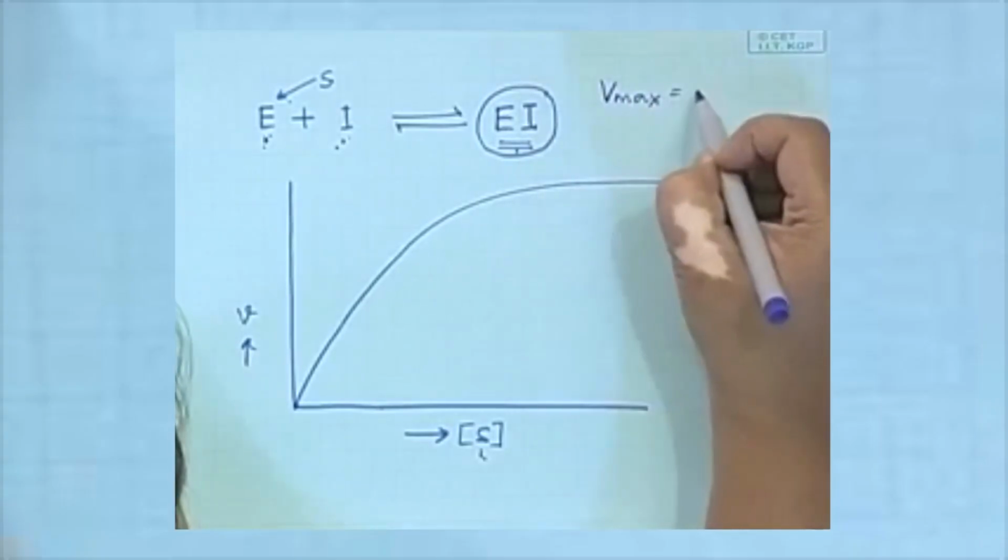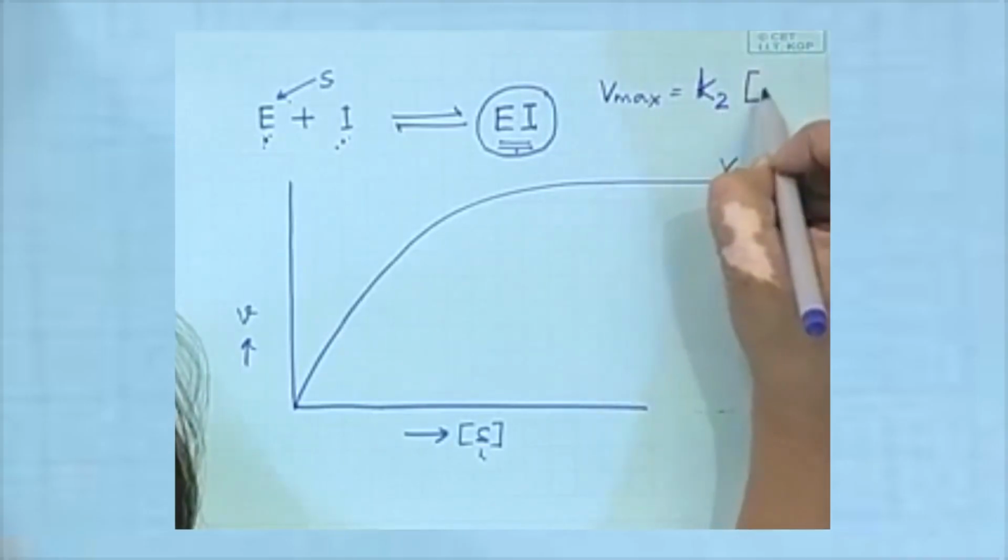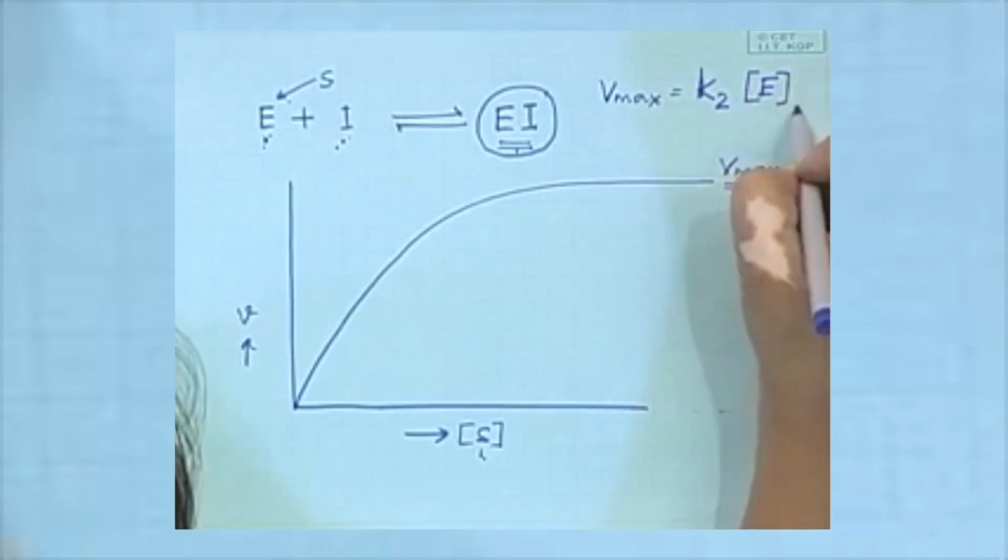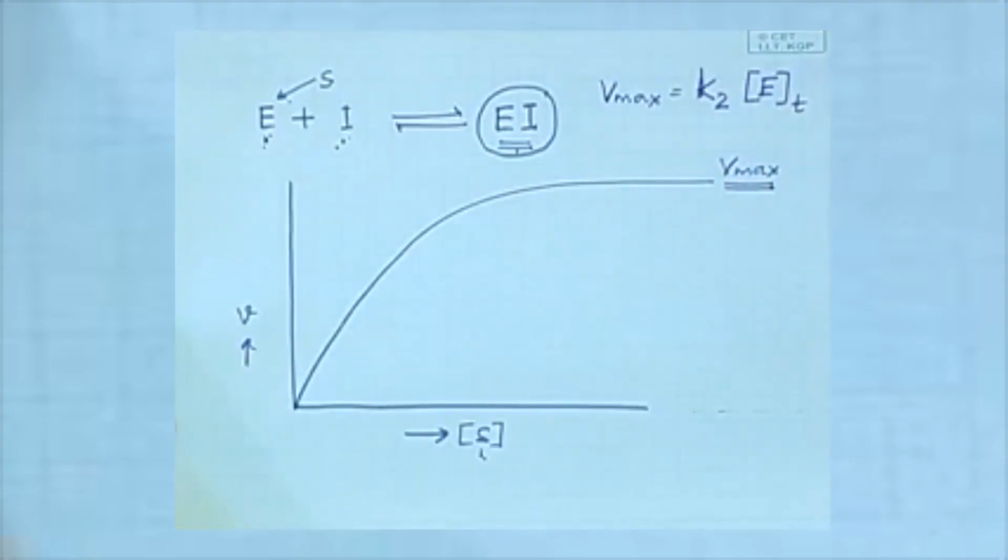What is my Vmax? It is my k2 times the total enzyme concentration. My total enzyme concentration is fixed.